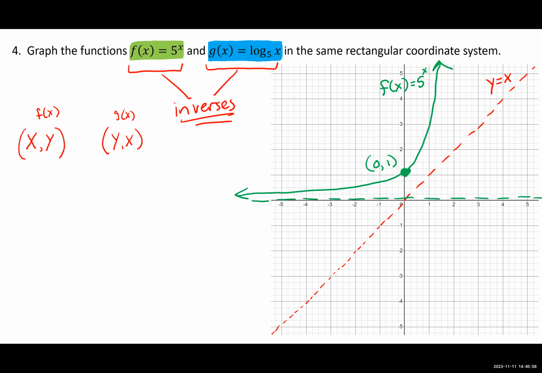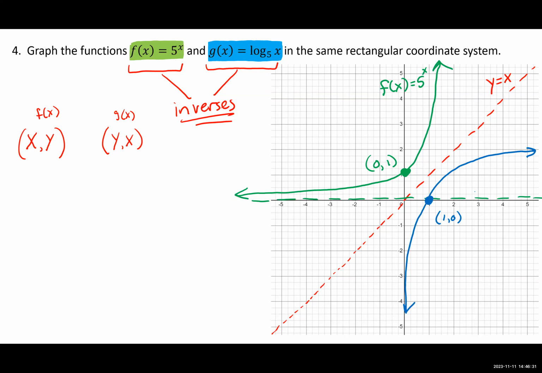So when we take that green graph, the exponential function, and reflect it over the line y equals x, well, the point 0, 1 becomes the point 1, 0. And we get this sort of mirror image of the graph.